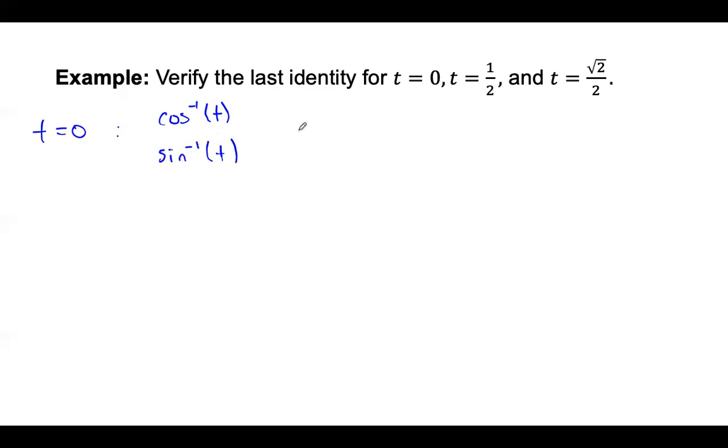What happens with these values? So cos inverse of 0. The cosine of what number is equal to 0? What would that be? Let's kind of draw it.